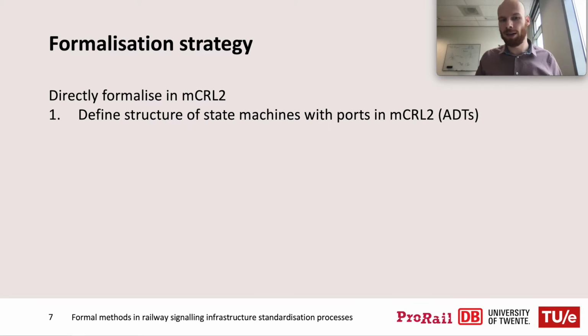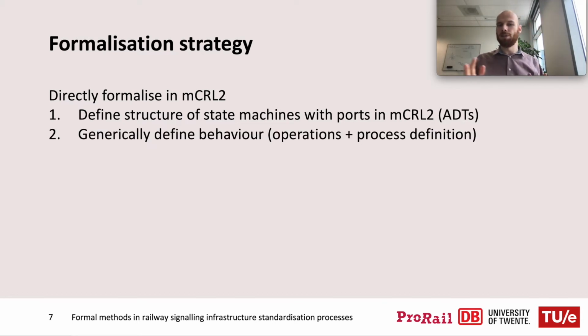We define the structure of these state machines directly in mCRL2 using custom abstract data types. We define that a state machine has a number of states, a number of transitions, and so forth. A transition in turn has a trigger and a guard, and we can define all these things using these abstract data types.